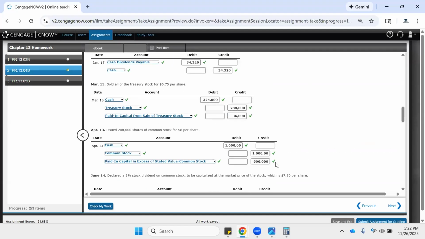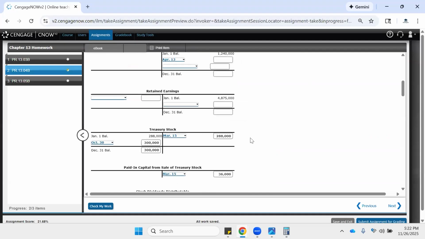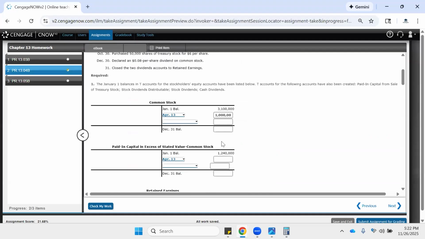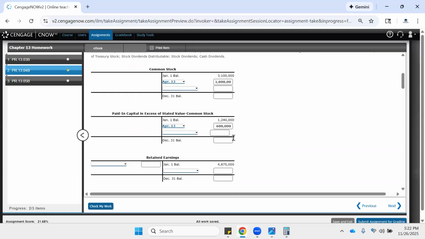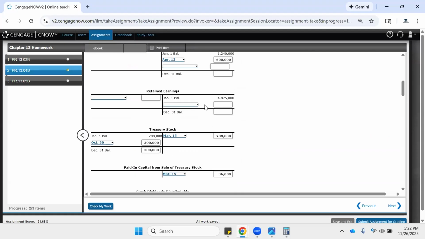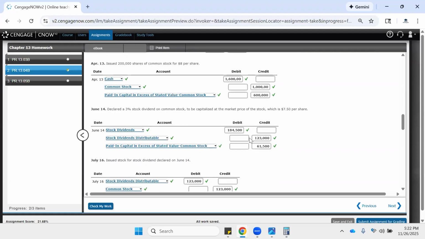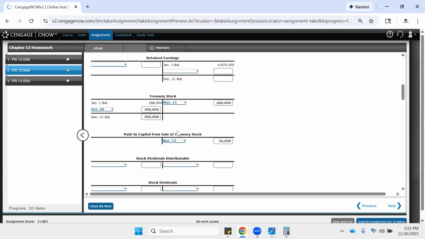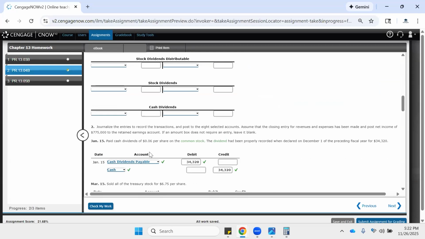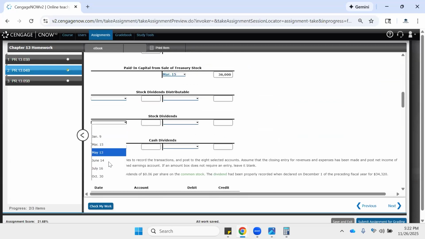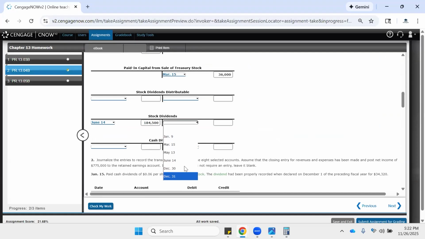April 13th, we also had paid in capital in excess of stated value for common stock, 600,000. We also had, okay, we have stock dividend on June 14th. And then December 31st is when the stock dividend got closed out.